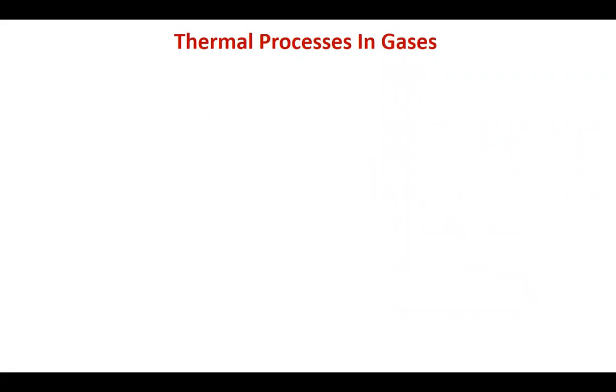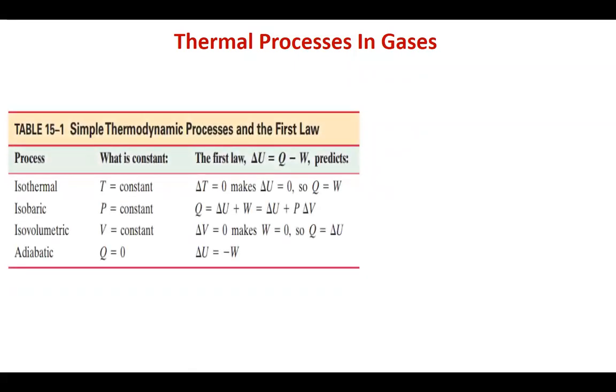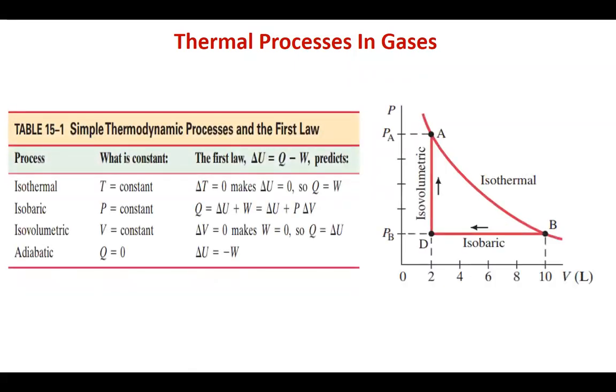Let's look at the thermal processes in gases. We know all these. That's why I was saying the slide today is very short. When we talk about an isothermal process, we know that the temperature is constant. If the temperature is constant, the change in temperature will be zero, which makes the change in internal energy also zero.